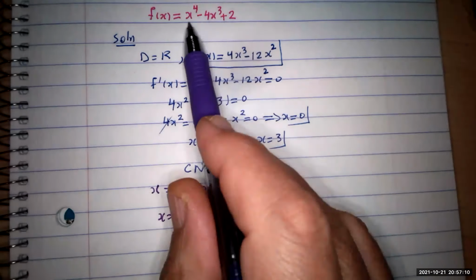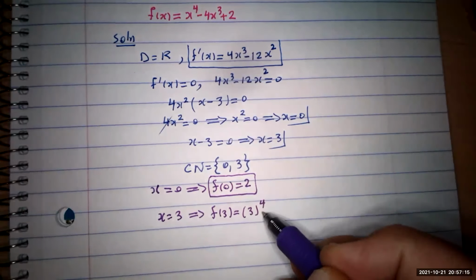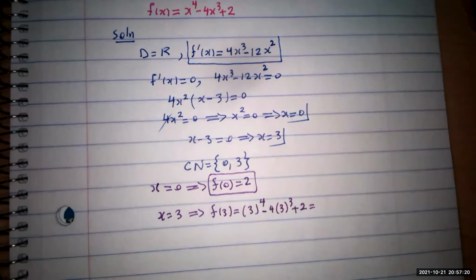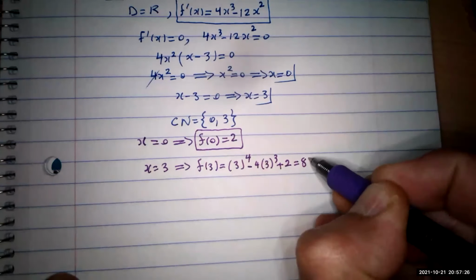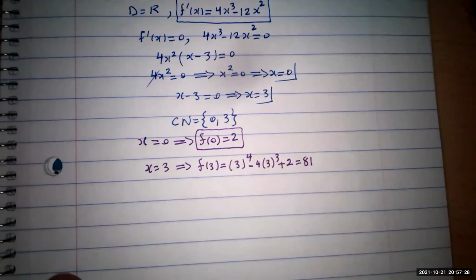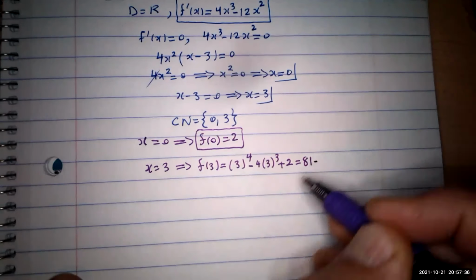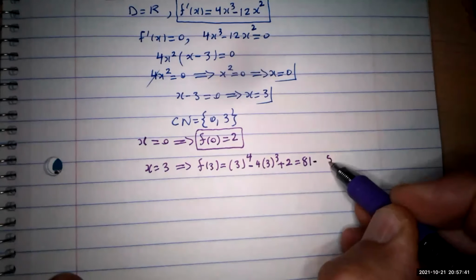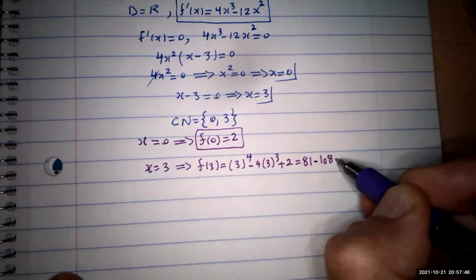Go to the function and substitute. That gives 3 to the 4th minus 4 times 3 to the 3rd plus 2. 3 to the 4th would be 81. The 3 cubed would be 27. 4 times 27 is 108, and plus 2.